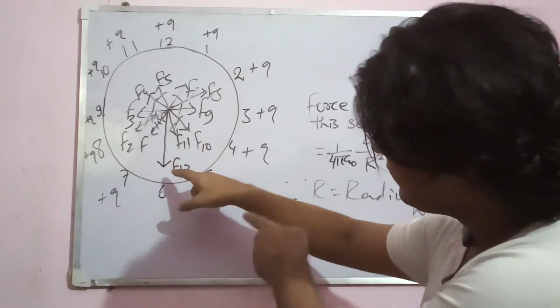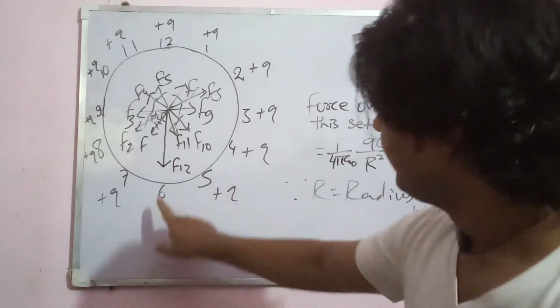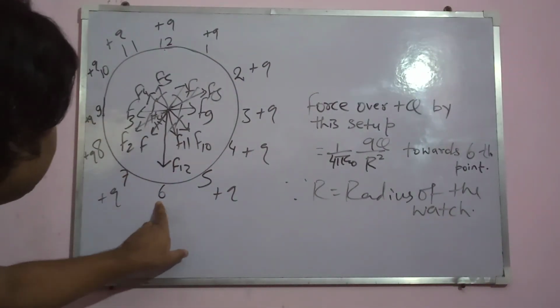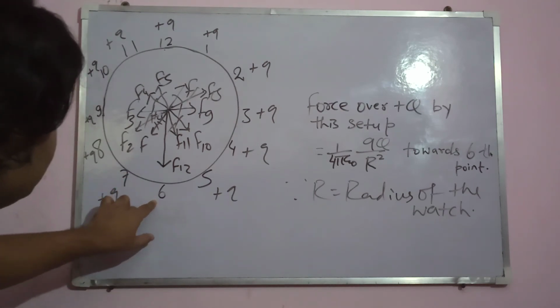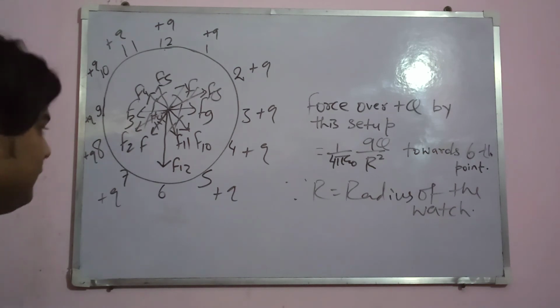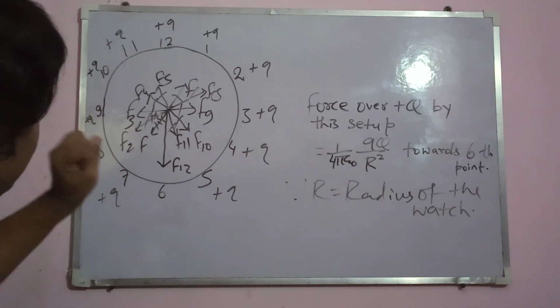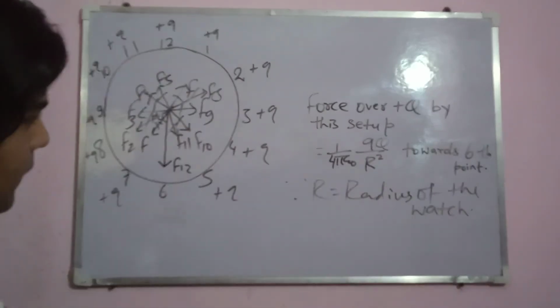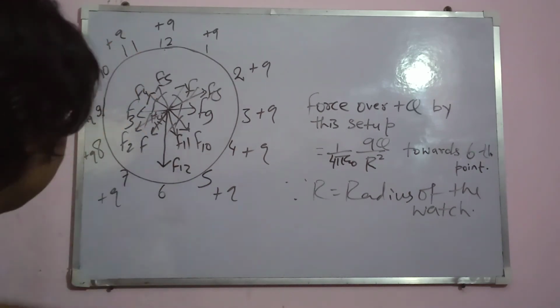And it is towards 6. And the magnitude of F12 is equal to the force applied by this missing charge only. So we can calculate it. This is a way to find the force over plus Q. We just have to find the force by the missing charge and put it towards the direction of the missing charge.